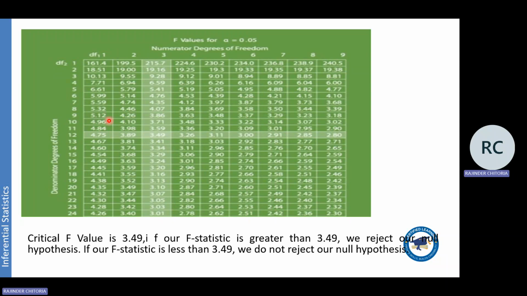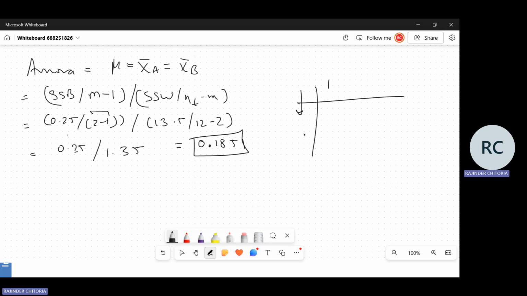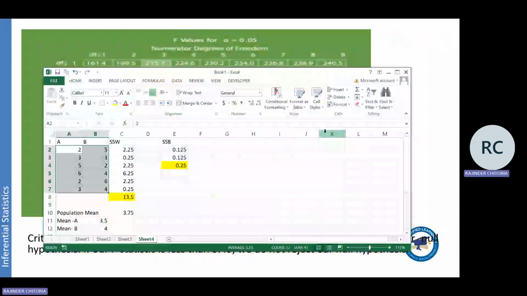So we would be expecting a value around 4.96. For the denominator we have an option, let's say this one, that is 1. In the column and rows we have values like 10. At the intersection point we are getting around 4.96.